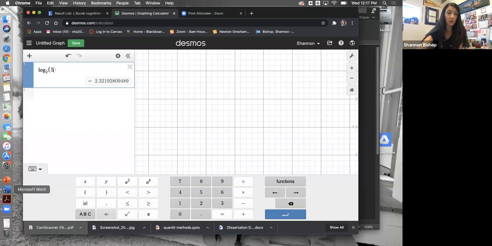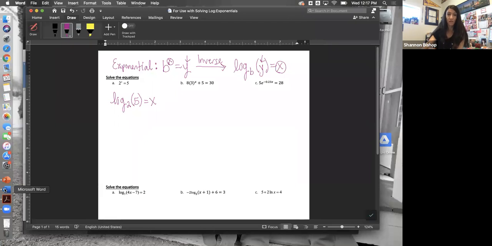So it turns out that the log base 2 of 5 is 2.32. And if you think about it, that makes perfect sense because 2 raised to that power should be pretty dang close to 5. There's a little bit of rounding error probably, but it's pretty dang close.